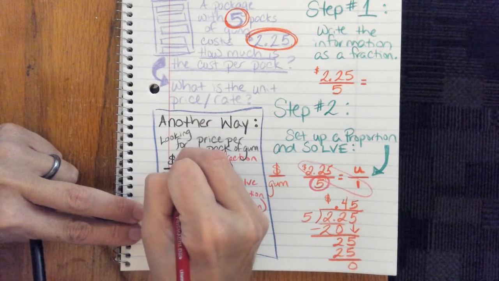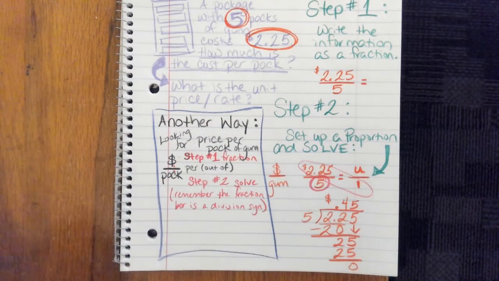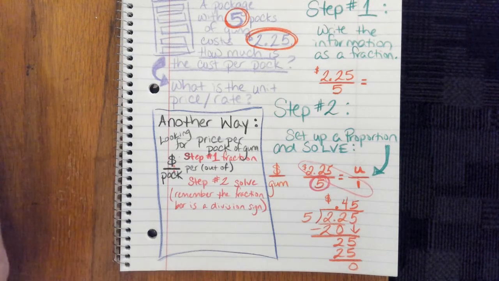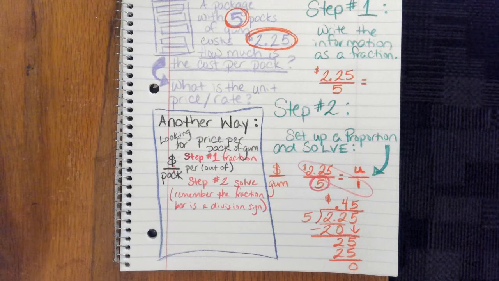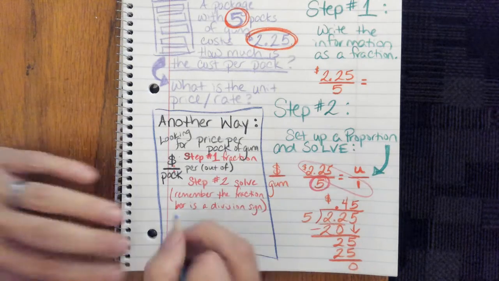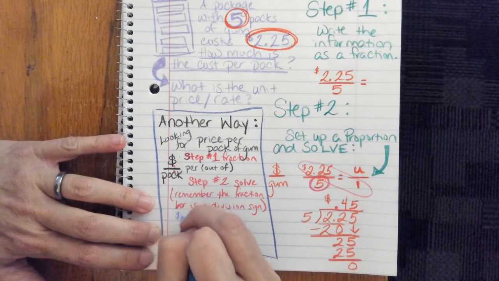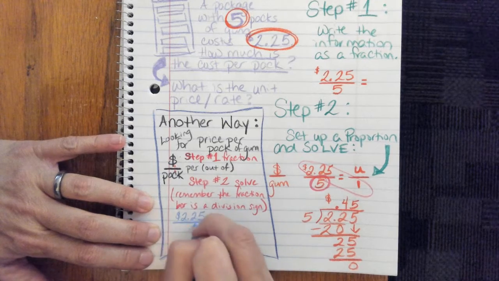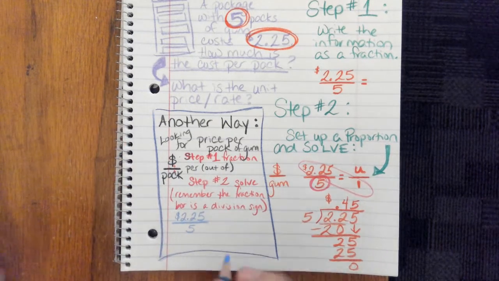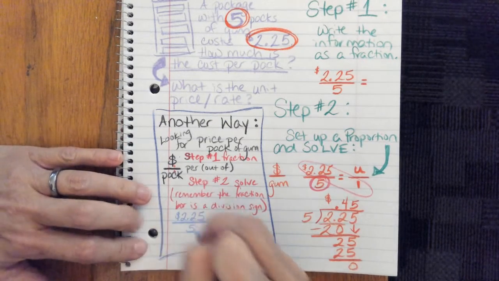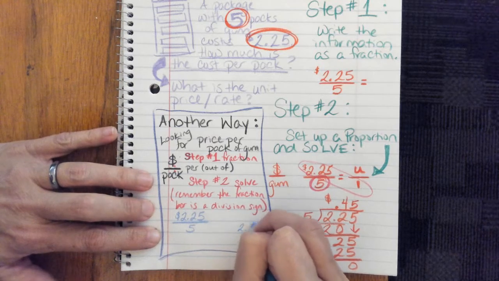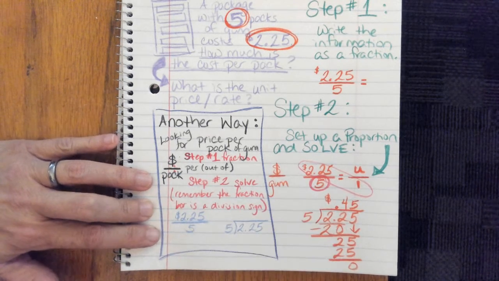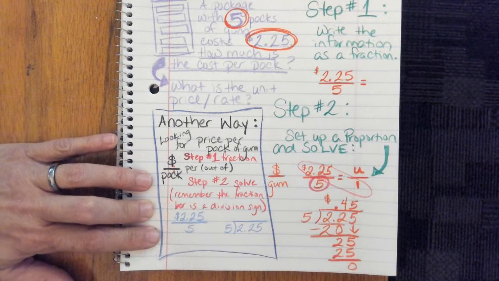So if my price goes on top, 225, and the number of packs goes on the bottom, that's really 225 divided by 5. Top in, bottom out. And then I have the same math I just did over here.